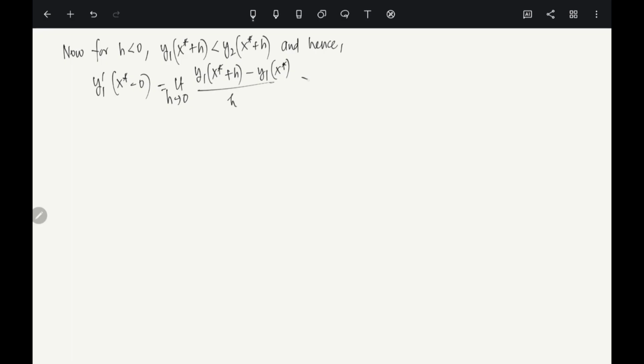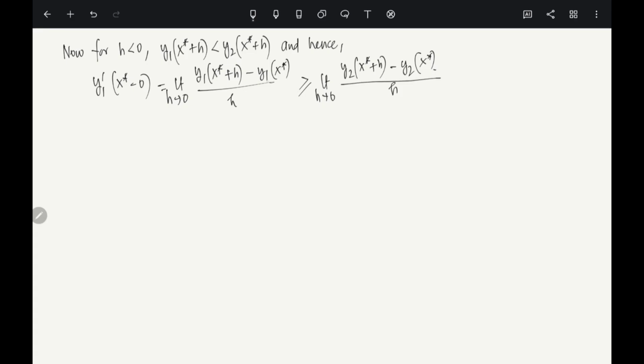So this is again dominated by the limit as h tends to 0 of y2 of x star plus h minus y2 of x star, divided by h.